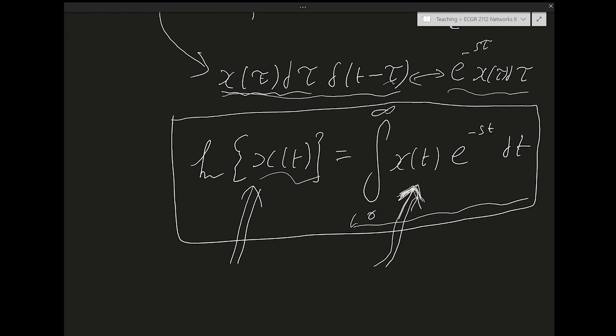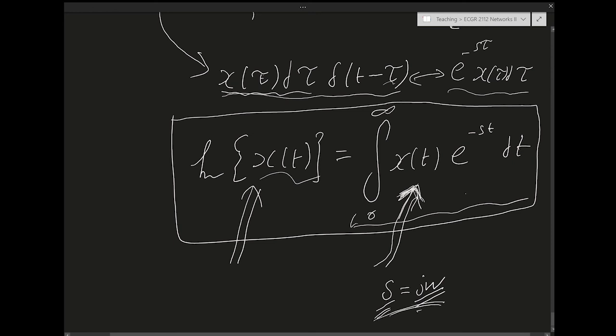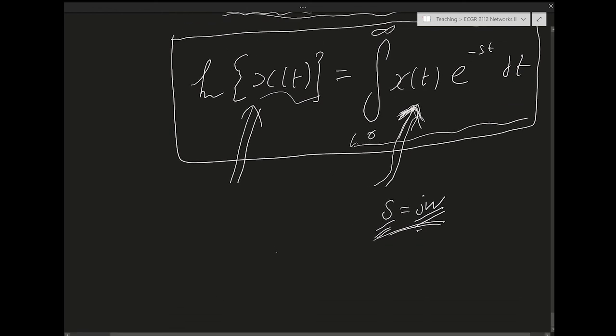The Fourier transform is the same as this, but instead of s, we put in s equals j omega. See this curious substitution, s equals j omega, that we did in the previous chapter. It shows up again, and this gives us the Fourier transform. So up to this point, I'm talking about s as a parameter and t as a parameter, right?